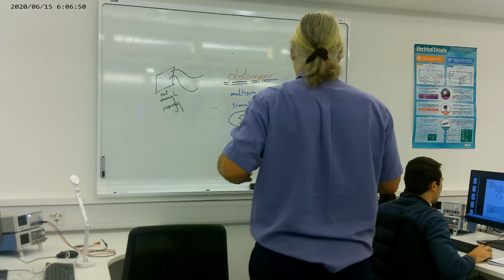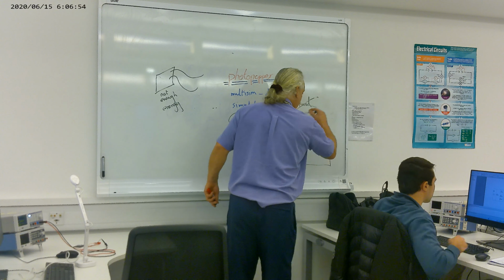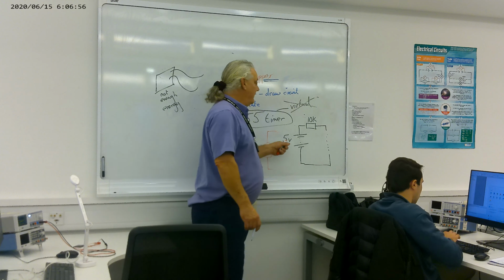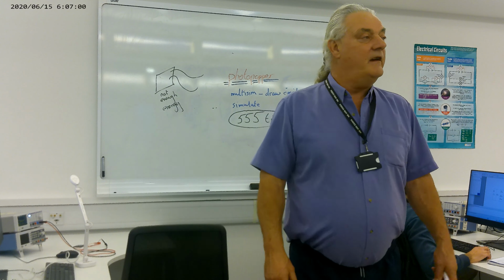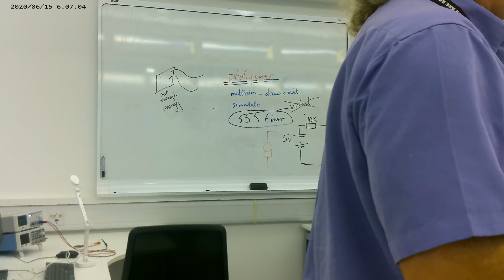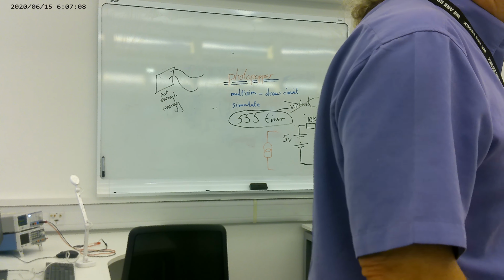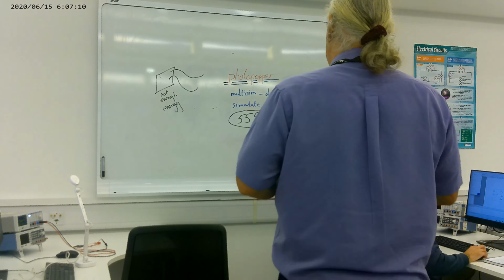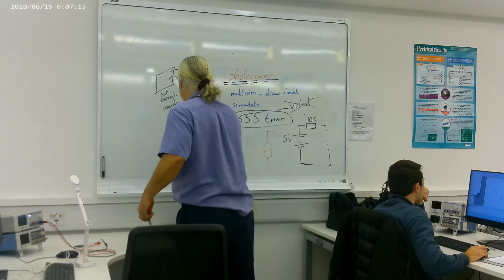Because of the maximum current that can flow around the circuit, so when it goes round, V equals I times R. Do the sums for yourself and you'll see how much current can actually flow. Once you've got the current that can flow, you know the voltage, therefore you know the amount of power that circuit can output. So why am I telling you this? Well, because basically the same is true here.